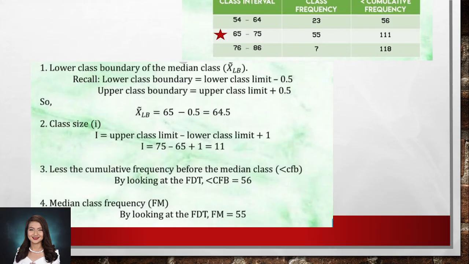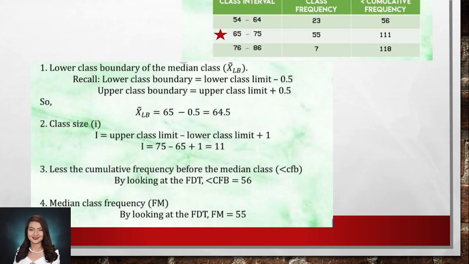Upper class boundary is equal to the upper class limit, and we're just going to add 0.5. So our lower class boundary of the median class is 65 minus 0.5, we get 64.5. So where do I get the 65? From the group of 65 to 75.